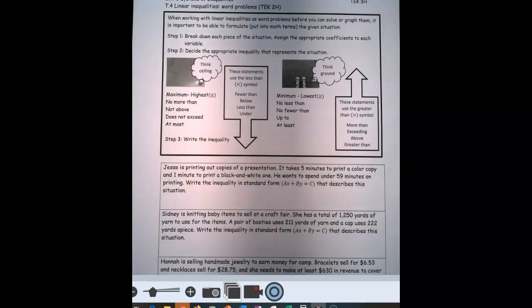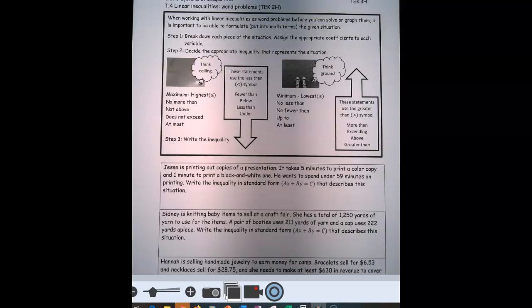Like when we're talking about maximum, which is one of the words that we use, I want you to think about the ceiling. If you were to jump up, hopefully your head's not going to go through the ceiling. If all things are well, you're going to hit the ceiling and come back down. So maximum meaning the highest, that's your ceiling.